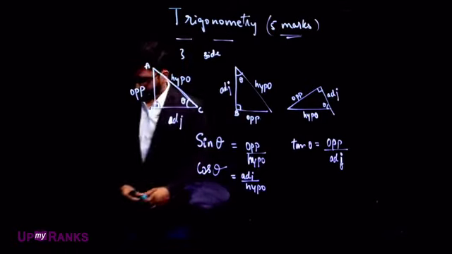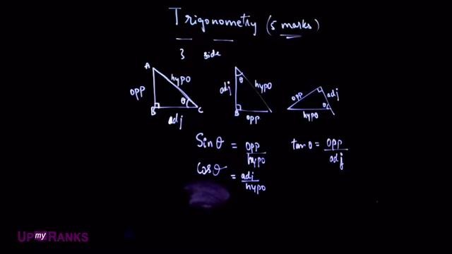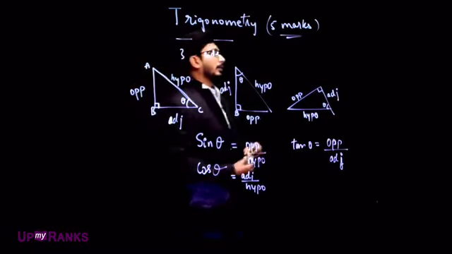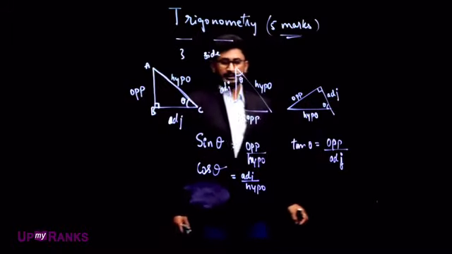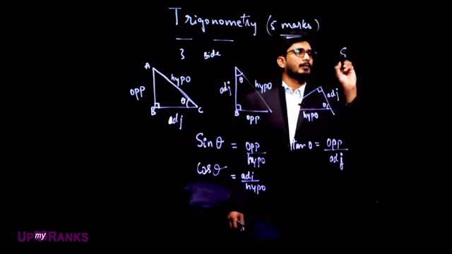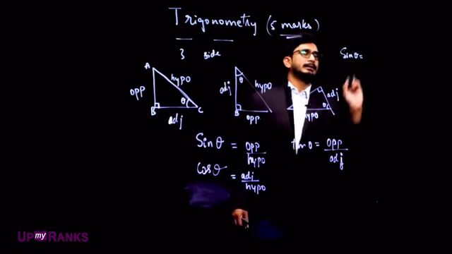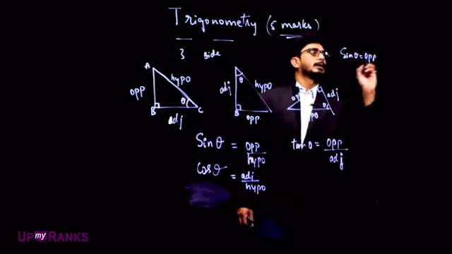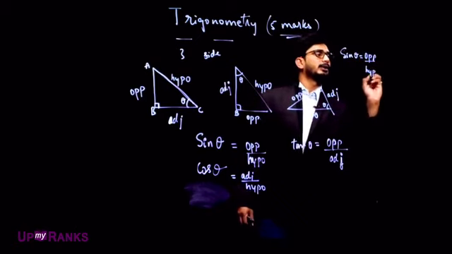After this, if we know sine, cos, tan, let me write it like this: sine theta is opposite by hypotenuse.